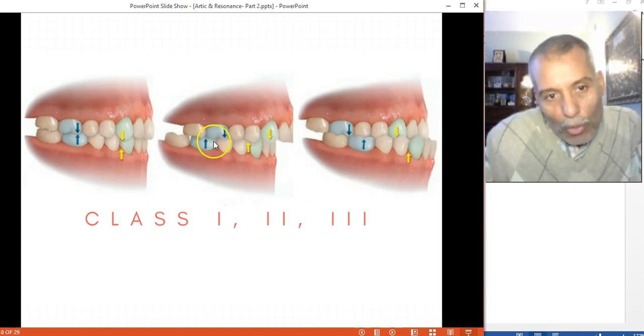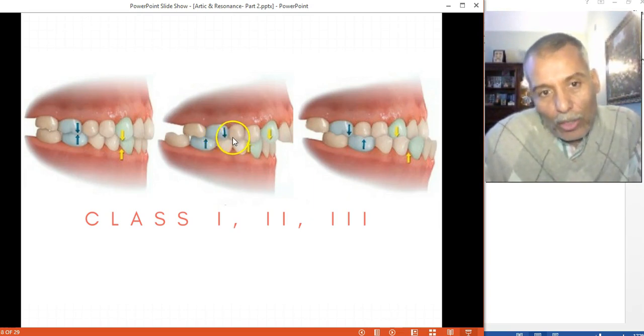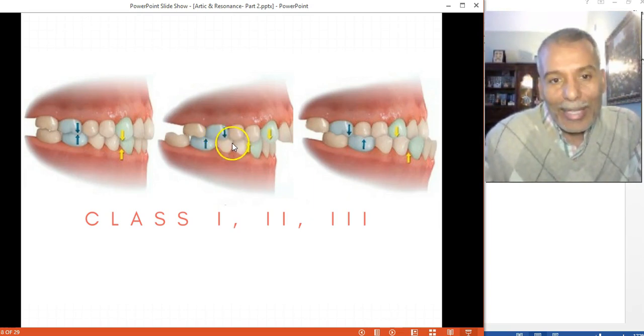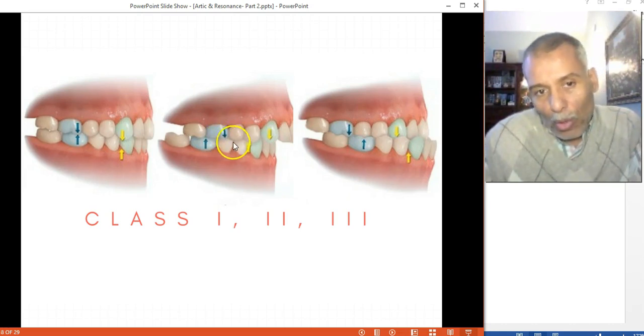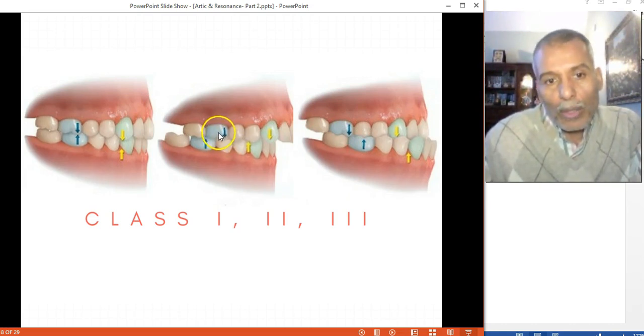That tooth is supposed to be anterior, like advanced here. So it should have been actually here. It will be projecting beyond, anterior to the first maxillary molar. So it should have been here. So when you measure the distance between here and here, that is a full tooth.